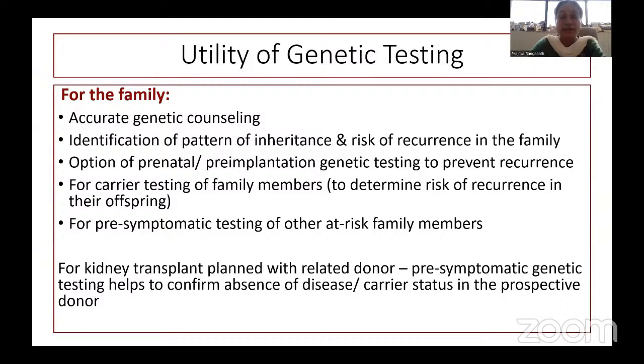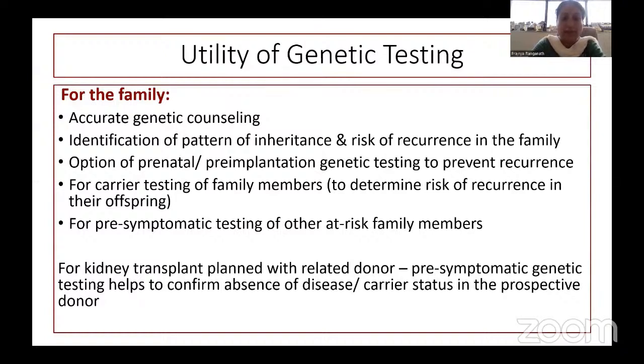Then also carrier testing of family members can be done to determine the risk of recurrence in their offspring. And for some of the later onset disorders like ADPKD, you can actually do pre-symptomatic testing through targeted mutation analysis of other at-risk family members.